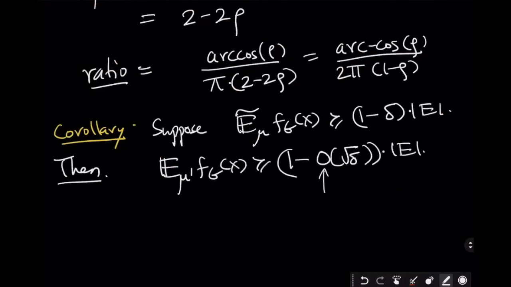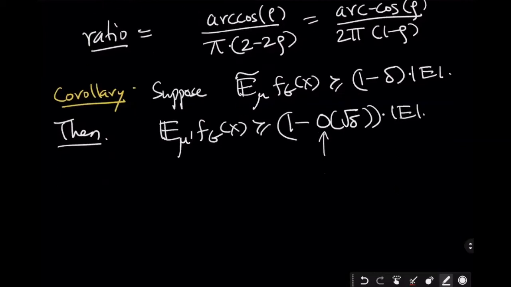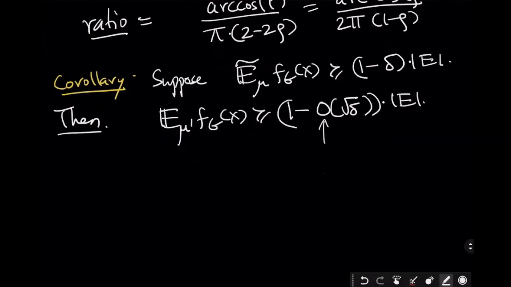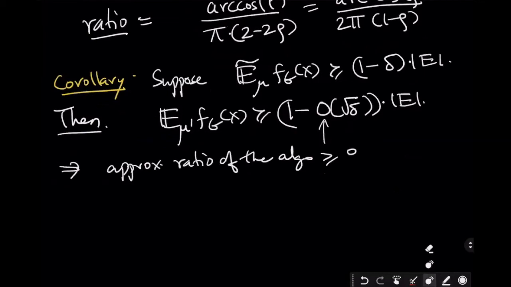But what this is saying is that if delta is small enough, then whenever you have a pseudo distribution saying that the cut value is 1 minus delta times E, then the rounding algorithm, this distribution mu prime that we produced, gives you a value which is like 1 minus O of square root delta times E. And you can use this to prove, so this implies that the approximation ratio of the algorithm is strictly bigger than 0.5.